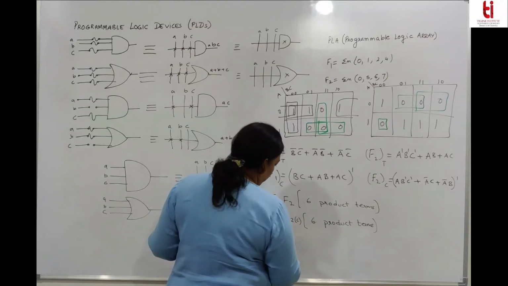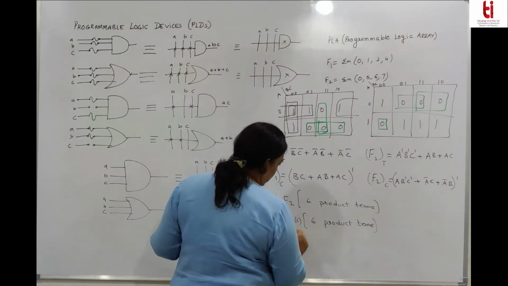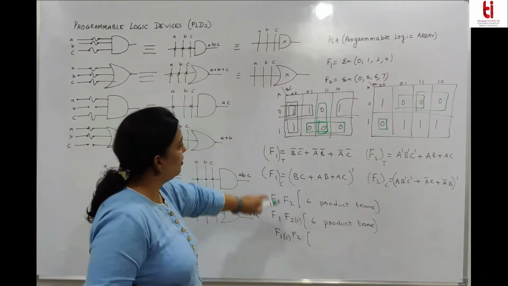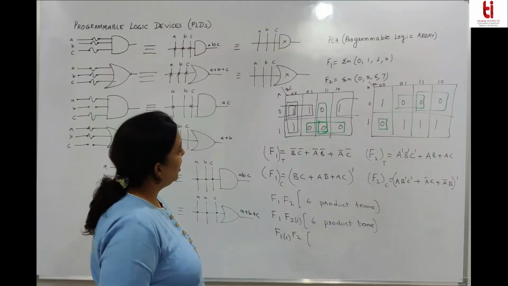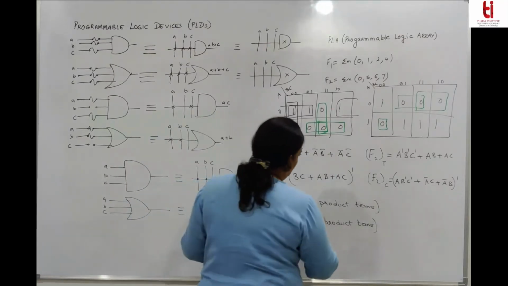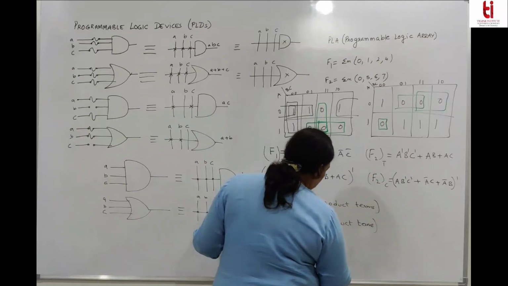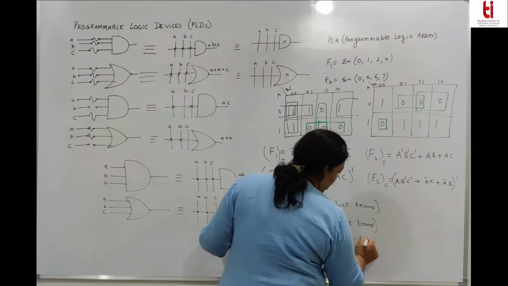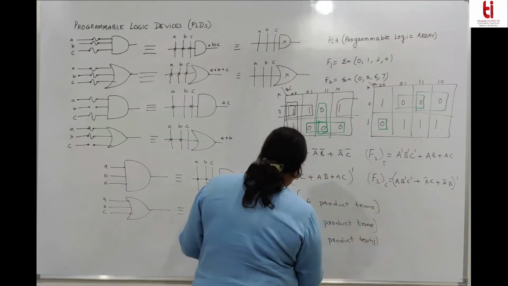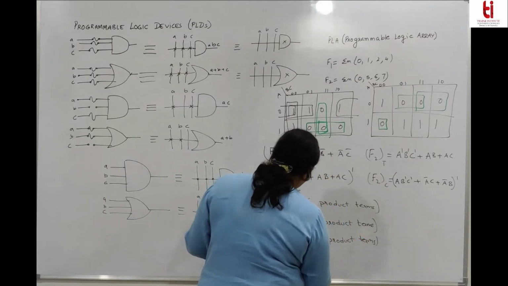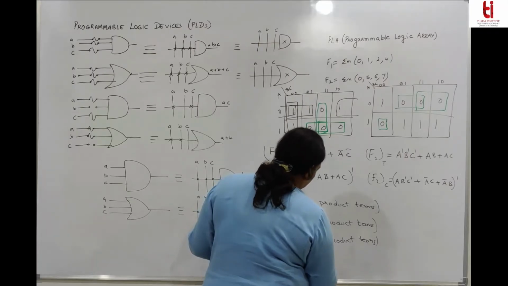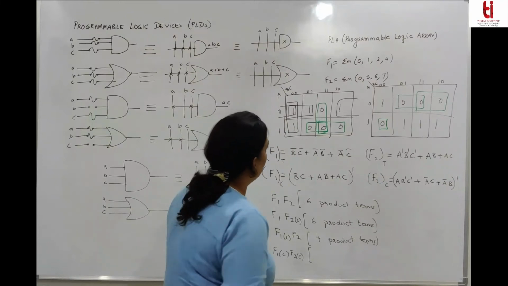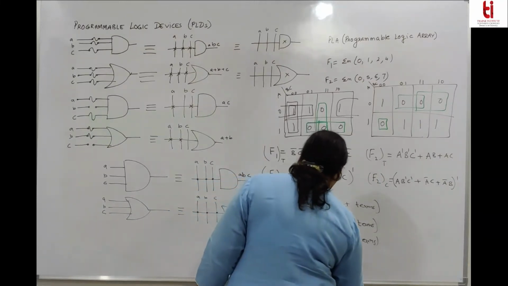If F1 is in complement form and F2 is in true form, then AB and AC are common, so 4 product terms. The main aim is to reduce the number of terms, and if both are in complement form, then also 6 product terms.